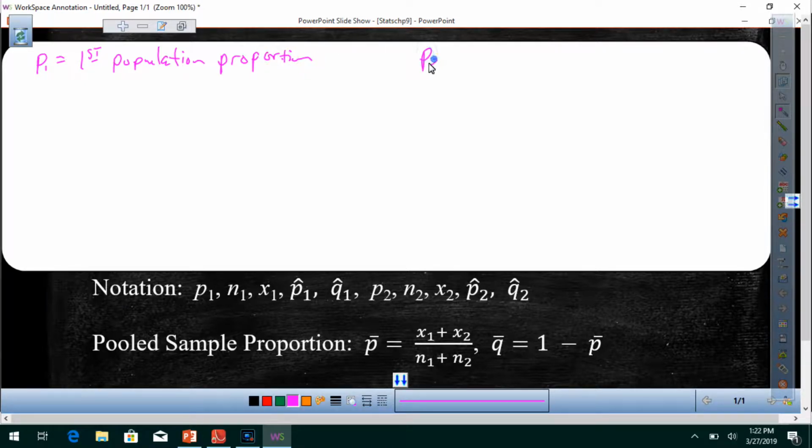And then P sub 2 is the second population proportion. And then we have N sub 1, and that's the size of the first sample, and N sub 2 is the size of the second sample.